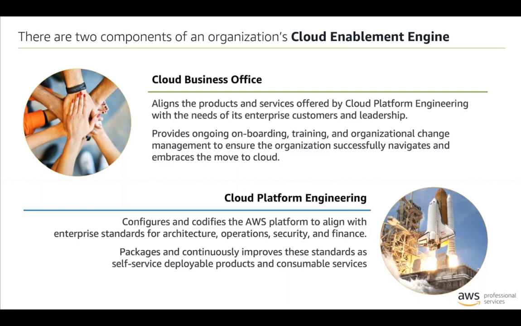The Cloud Business Office aligns the products and services offered by Cloud Platform Engineering with the needs of its enterprise customers as well as leadership. They also provide the ongoing onboarding, training, and organizational change management to ensure the organization successfully navigates and embraces its move to life in the cloud.